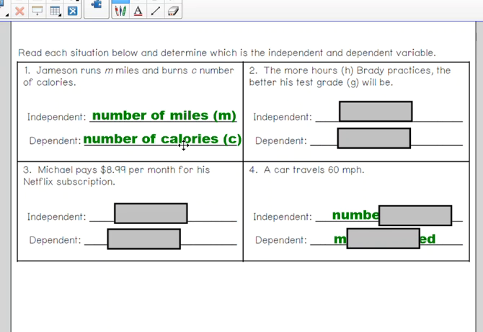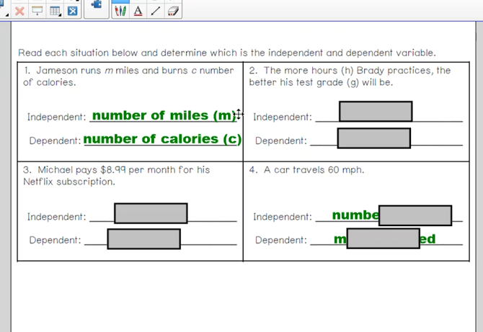You can turn that around and say the number of calories she burns depends on how much she runs. I mean, if she just runs down the hallway, that's not a lot of calories. But if she runs a mile or 2 miles or some longer distance, that's going to change this one. So this is responding to that. This is changing in accordance with that. But that would be our IV and that would be our DV.